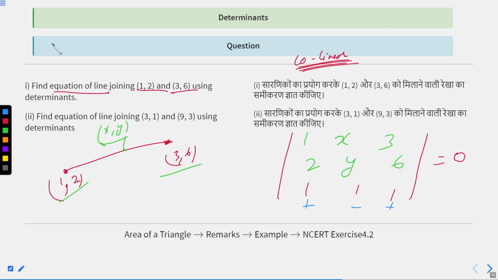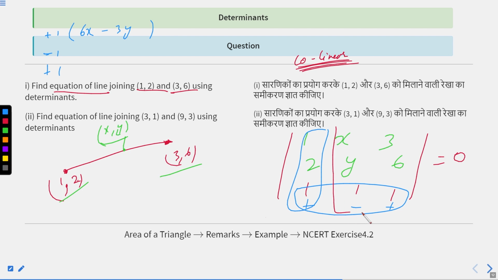So this will be plus 1, minus 1 and plus 1. For this I have to eliminate this row and column. So 6x minus 3y, simple. Now I'm going to eliminate this. You are left with 6 and 1.